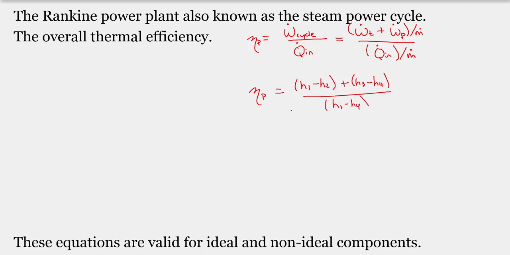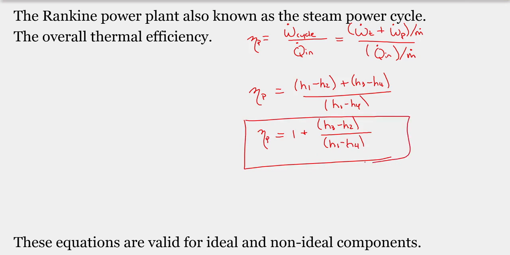And we could shuffle things around a bit and do some algebra and make it a little prettier, but not much prettier. And we'll get this expression for the power plant efficiency. So whenever you hear somebody talking about the efficiency of a power plant, this is the efficiency that they're talking about, the thermal efficiency of the power plant.